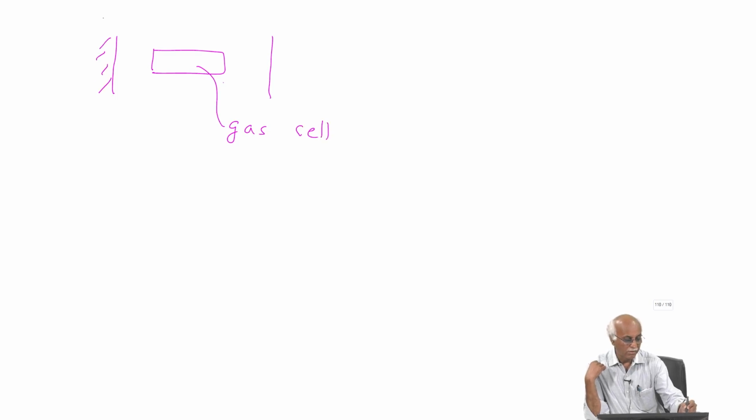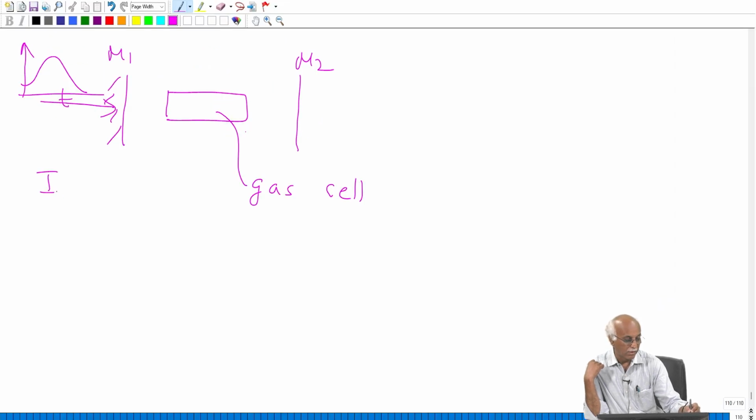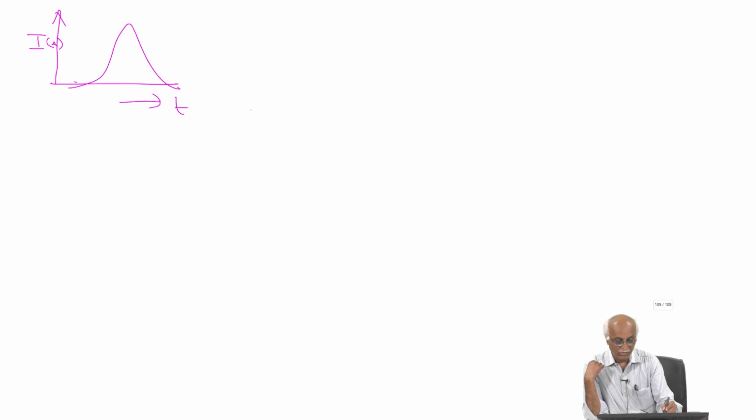This is a mirror M1, this is M2, and let us introduce a light pulse, temporal, with certain intensity, I0 lambda. Just quickly I will introduce this, and next week we will do it in detail. So, I lambda, a temporal pulse, passes through this cavity.